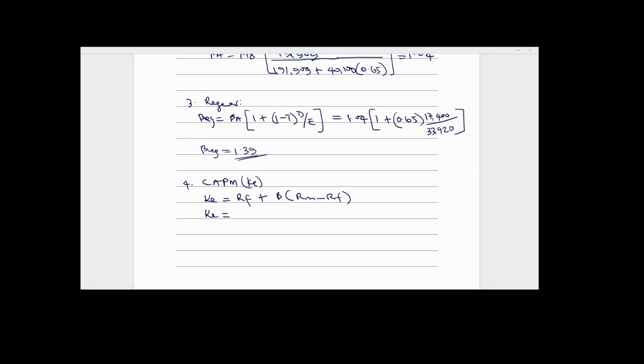Remember, the risk-free rate of return is the rate of return associated with government securities, like government bond, treasury bills, and all of that. So in the last paragraph of this question, you are told that corporate debt may be assumed to be almost risk-free and is available to Kilimanjaro at 0.5% above the treasury bill rate, which is currently 9% per year. So your cost of debt is 9.5%.